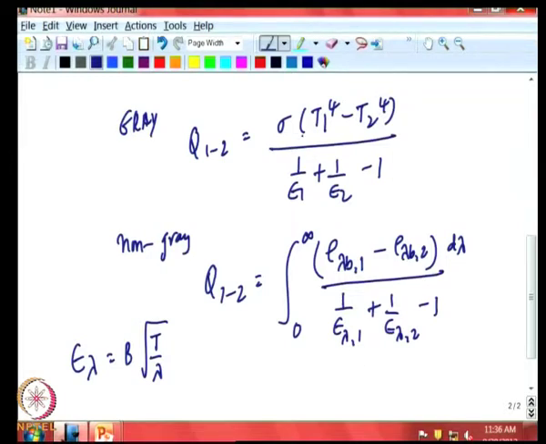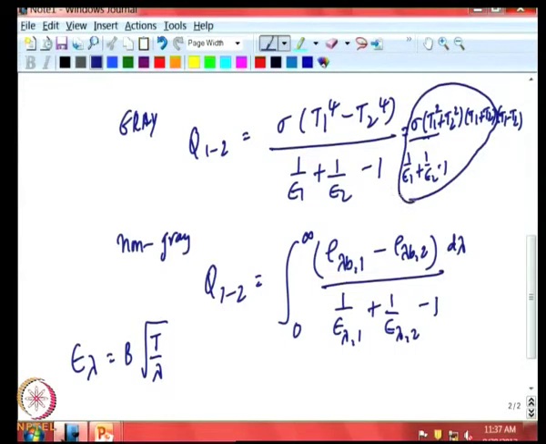And notice this result at the top can be written similar to what we had discussed for convection. So, if you treat this quantity as not a strong function of temperature, then this is what is called the radiative heat transfer coefficient.